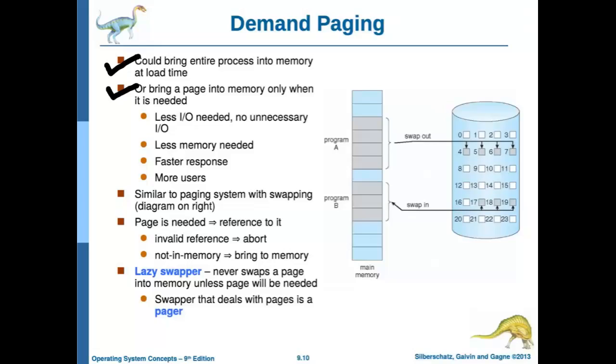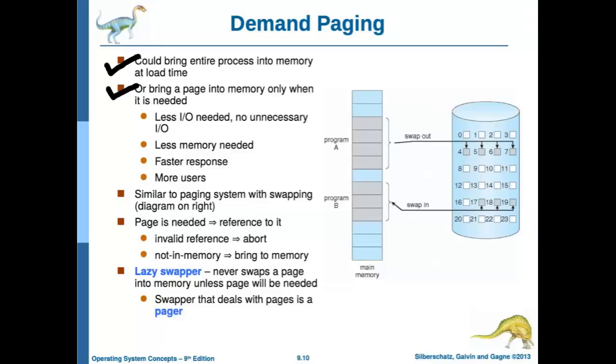Segmentation deals with variable sized blocks, that is, each and every segment is not of the same size. We already discussed the advantages and disadvantages of that, and then we came to something called paging. Now, the swapper process that only deals with pages is called a pager, that's it. So page out, page in kind of operations will be implemented there.